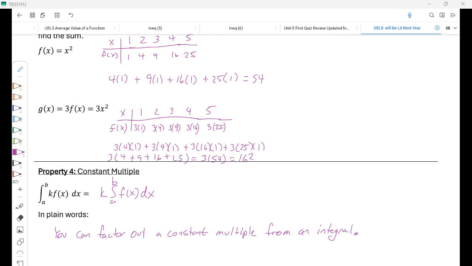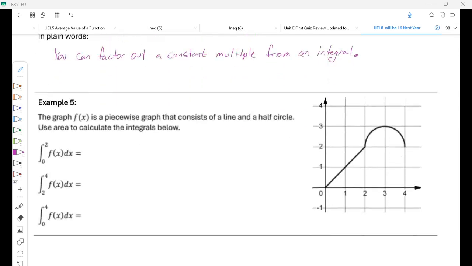When we're actually doing functions, like if I have a function 3x squared, we don't think about this property as much because you just work with it. You just do 6x squared when you take a derivative. You just work with the constant multiple as part of the problem. But when you have a table, when you have a graph, that would be an example of when you pull this out. Okay, so that's the last property I want to go over today.